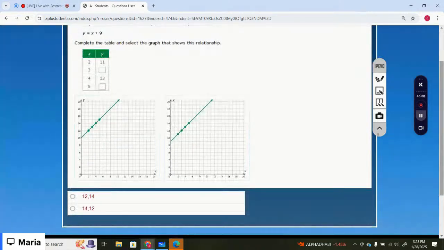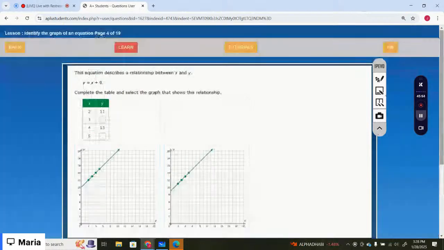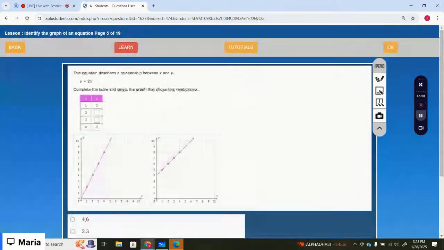Option number 1 is the correct option. The values are 12 and 14. Y equals 2x, so which values are missing?